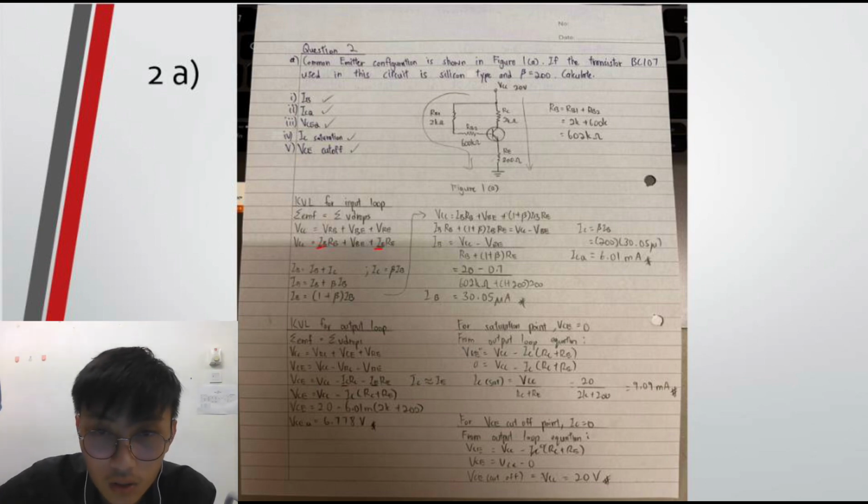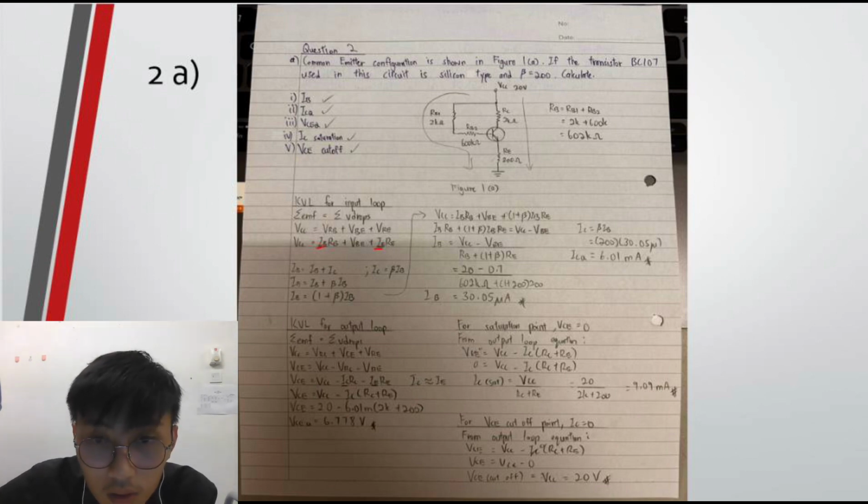So the VCE we assume to 0, and we want to find the IC saturation, so we put IC in front, and we get the formula like this. And then we will find the IC saturation point, it is 9.09 milliampere.